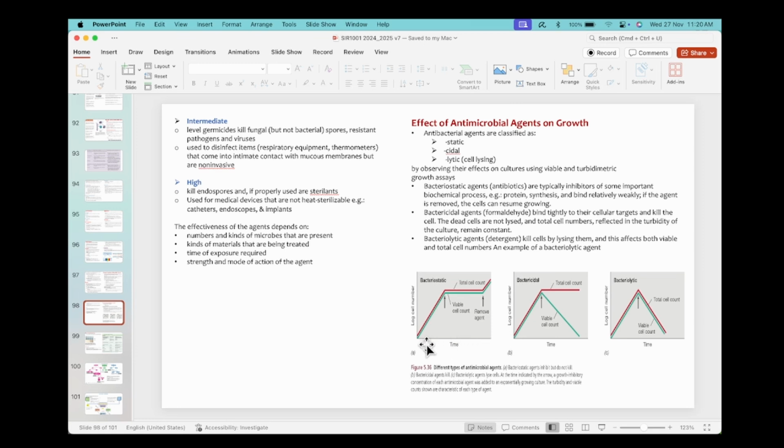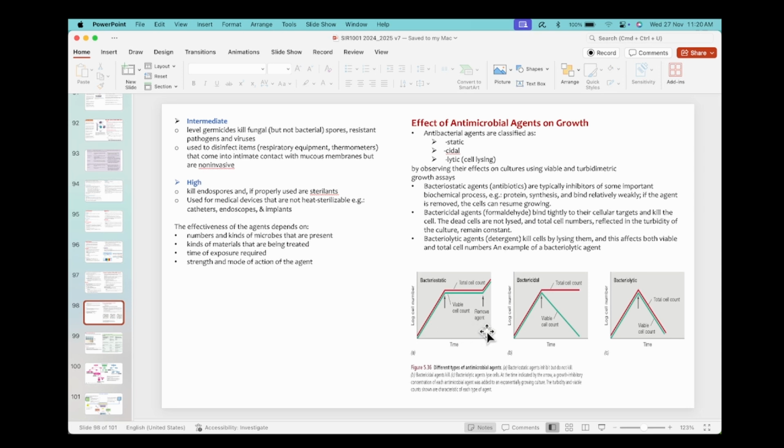For enumeration of bacteria, we can use an epifluorescence microscope or hemocytometer for total direct count, total cell count, or we can use the culture approach for viable cell count.